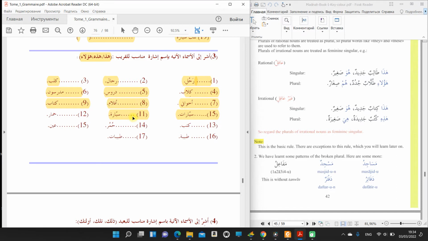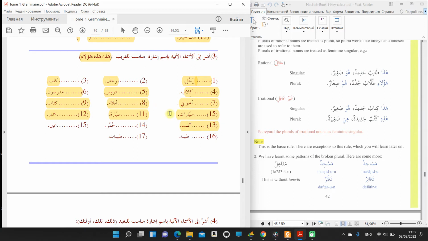What would we say? Of course we'll say هذه سيارة. So you see, هذه سيارات, هذه سيارة. We use the same pronoun. And the 12th one says حمار. حمار, it means donkey. Therefore هذا حمار.